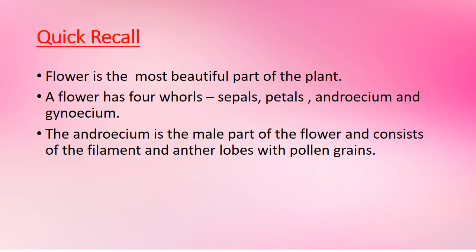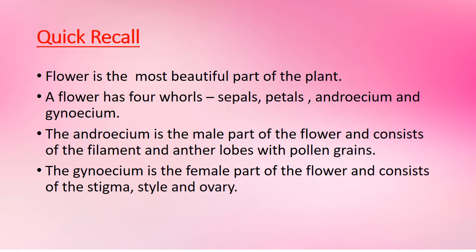The androecium is the male part of the flower and it consists of the filament and anthers with pollen grains. The gynoecium is the female part of the flower and consists of the stigma, style and ovary.